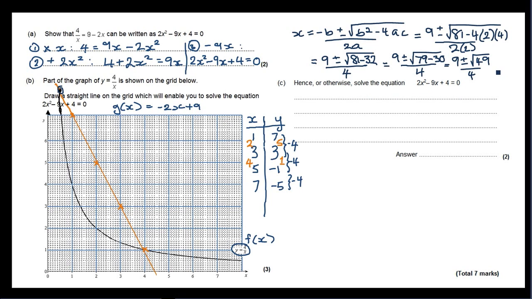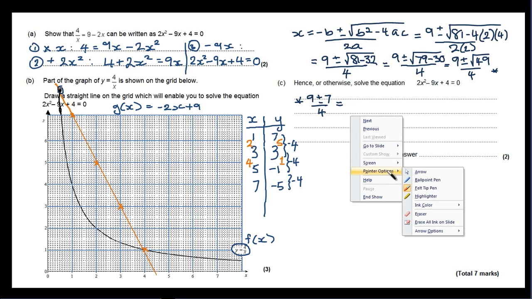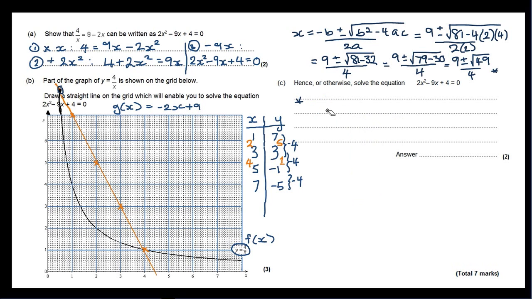So if we just continue this, let's put a little star, continue this here. So we've got 9 plus or minus the square root of 49. Well, the square root of 49 is 7. So let's write 7 over 4. And it's a good idea to now rewrite this instead of trying to work out this plus or minus. So let's make this a little bit neater.